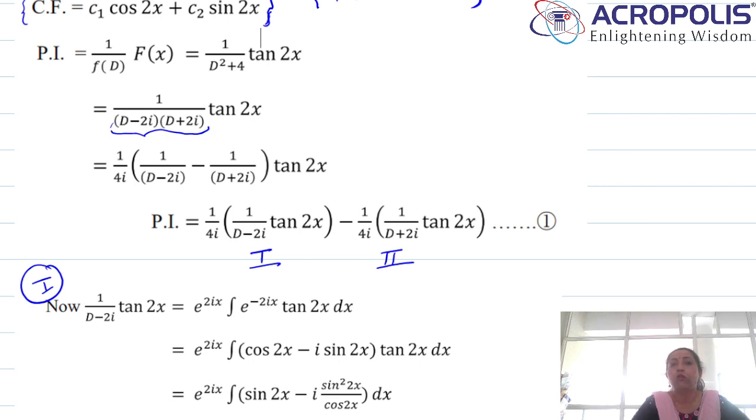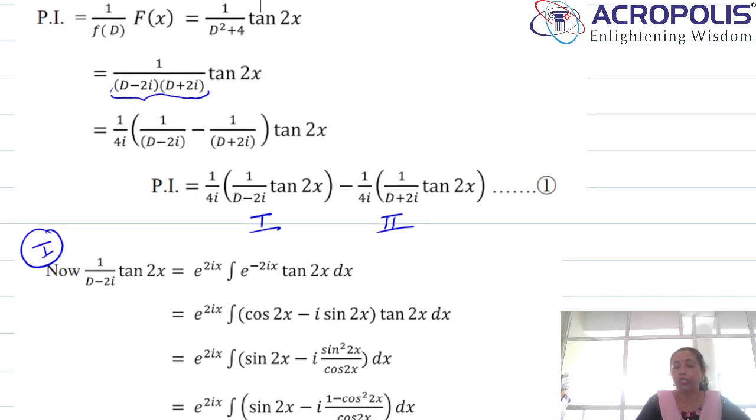I have already mentioned that the function of D must be written into linear factors. So we will write D square plus 4 as D minus 2i dot D plus 2i. So our equation will become 1 upon D minus 2i dot D plus 2i dot tan 2x.